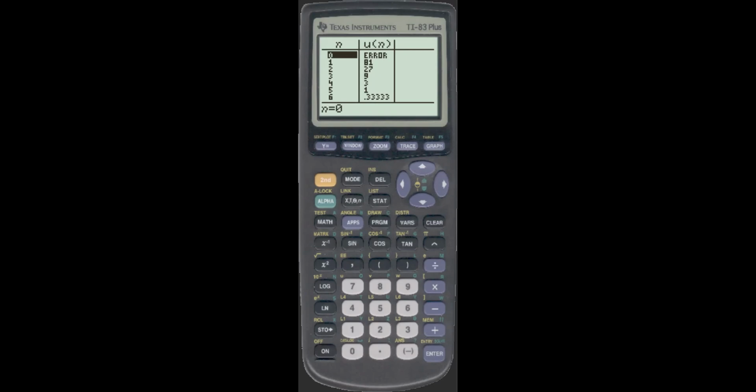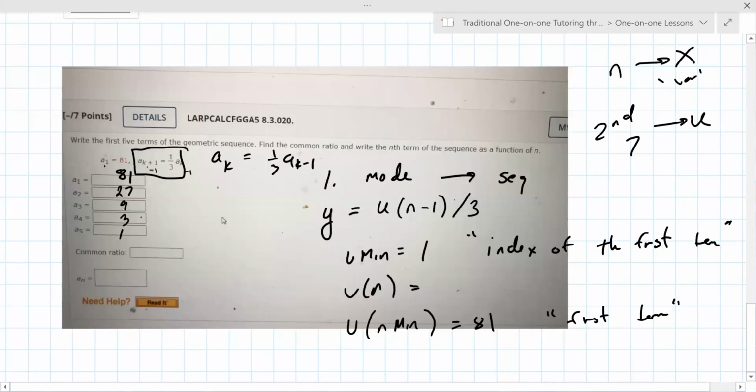All right, Niko, do you feel comfortable you could enter that in for something that you need? Yeah, I entered it. Okay. So if we go back to the question itself, I believe the rest we can answer without the calculator. If you're seeing my screen, the common ratio is a third. The common ratio r is the next term divided by the previous term.